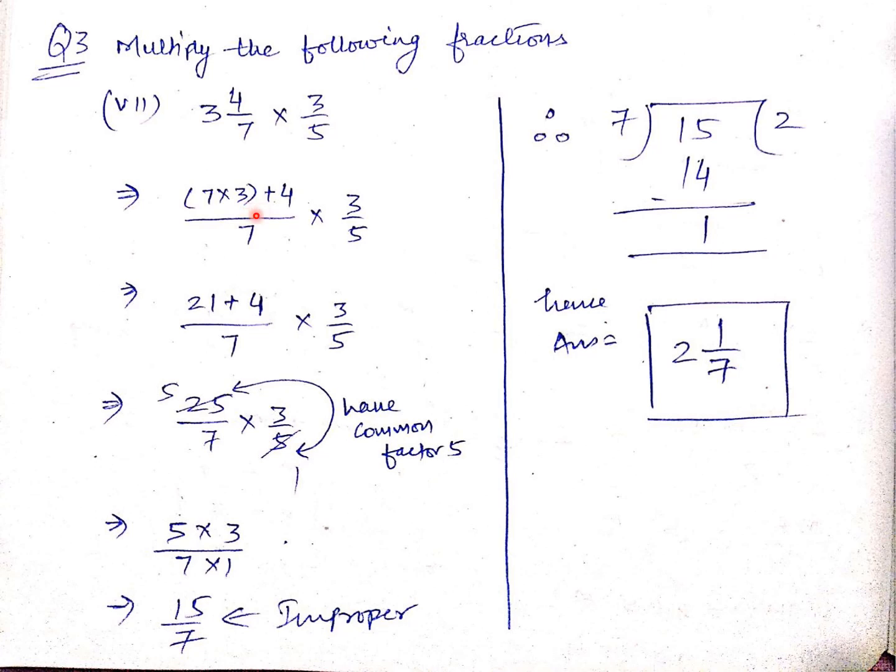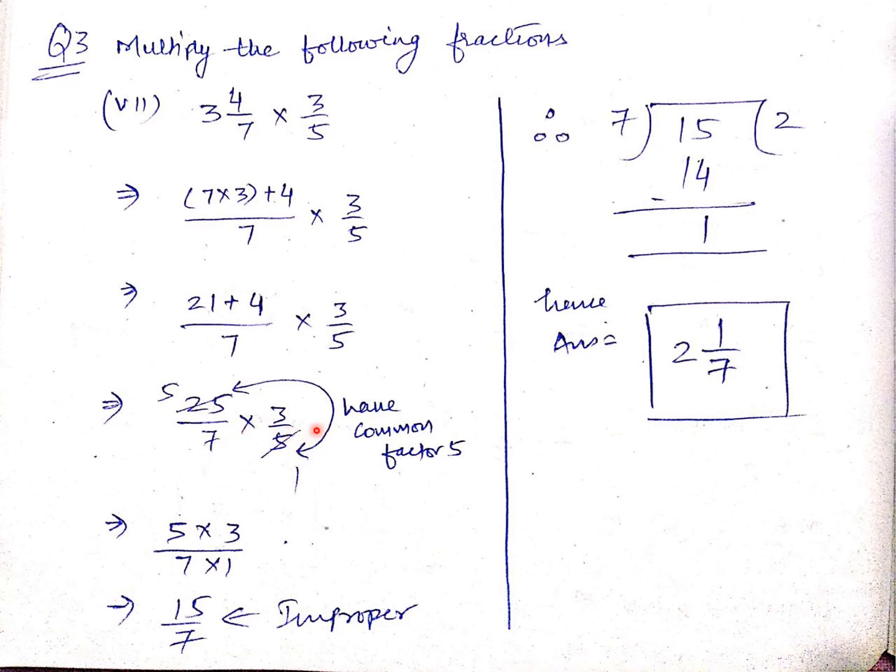So you can't add 3 and 4 first. You have to multiply 7 and 3 as priority. So 7 3s are 21, plus 4, upon 7 into 3 upon 5. Okay. Now 21 plus 4 is 25 upon 7 into 3 upon 5.